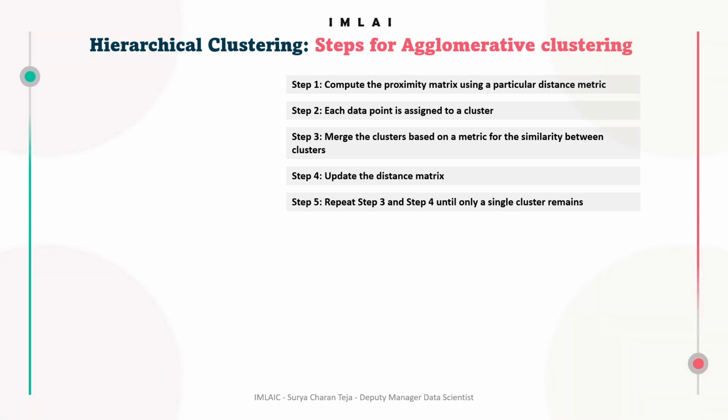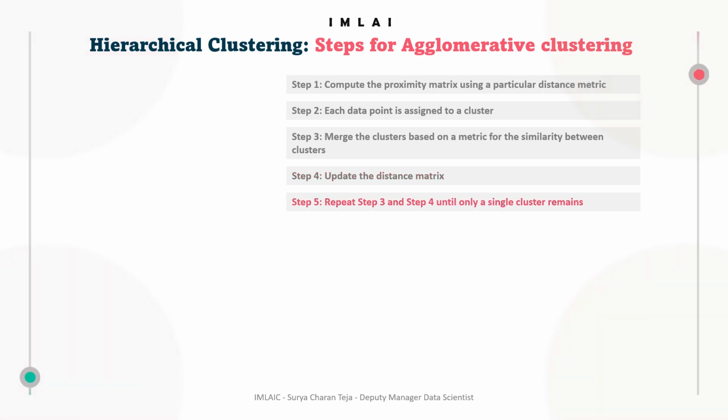So steps for agglomerative clustering, let's sum it up. Step one, compute the proximity matrix using a particular distance metric. Then each data point is assigned to a cluster. Then merge the clusters based on a metric for the similarity between the clusters. Then update the distance matrix and repeat. Then the next step is to repeat step 3 and step 4 until only a single cluster remains.